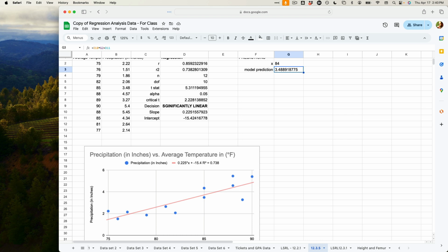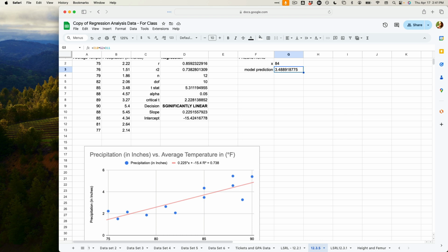The textbook only talks about prediction intervals, and it kind of conflates them with confidence intervals. But there's two things going on here. When you predict a value from your regression line, you either interpret it as a representation of the mean value of the population, like what is the mean precipitation for all times when the temperature was 84.